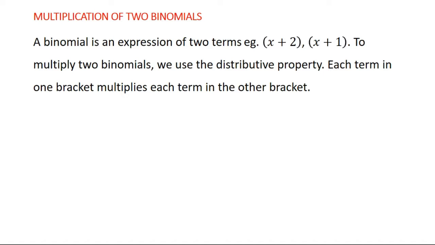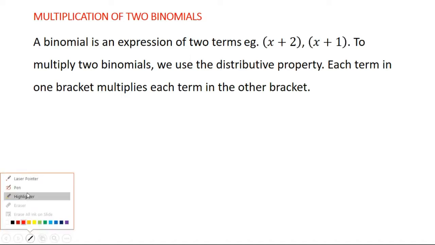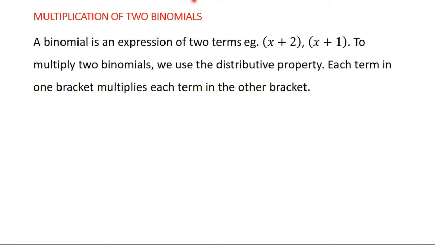What is a binomial? A binomial is an expression of two terms. So, for example, x plus 2, x plus 1. We can see from this example that in the first bracket, we have x plus 2. We know that x is a term and 2 is also a term, so we have two terms.